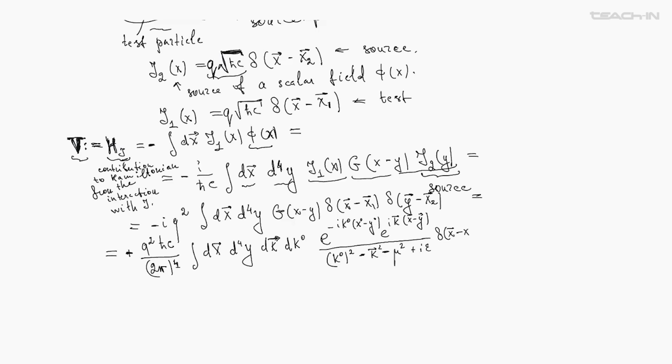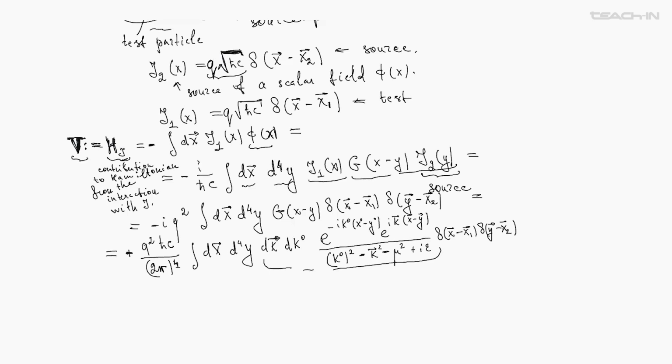Okay, so this integral over k0 and the k vector is our Fourier integral representation of the Feynman propagator, which I have substituted. So this is the same as G represented as such an integral.